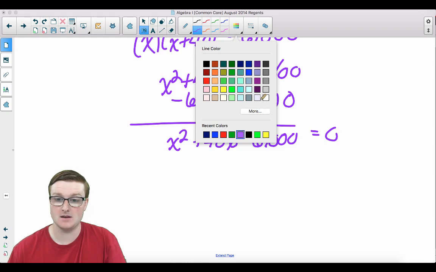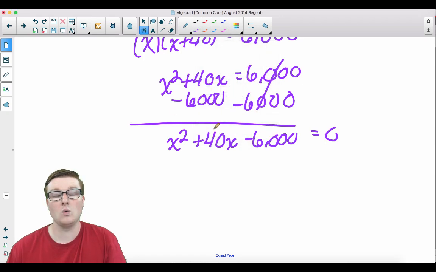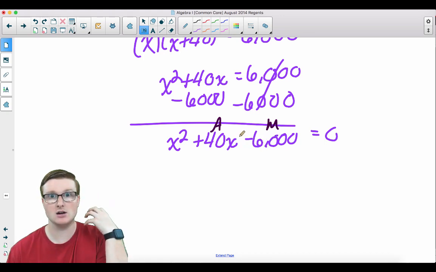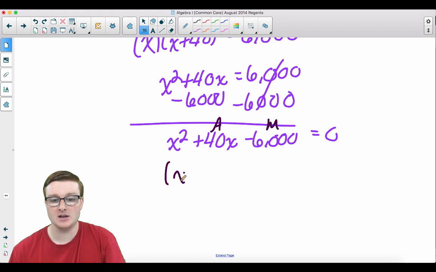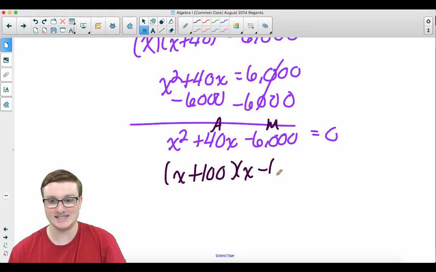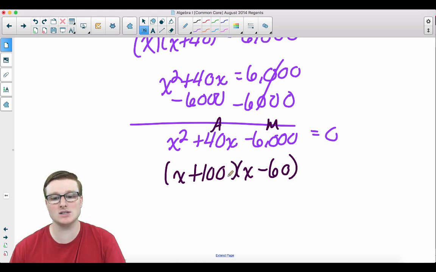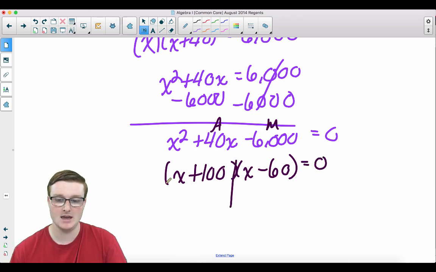Now, from here, we figure out a factoring process. What adds to positive 40 and multiplies to give you negative 6,000? If the numbers are that big, think 100. So your values are x plus 100, x minus 60, because 100 times negative 60 is negative 6,000, and 100 plus negative 60 is 40, and that equals 0.